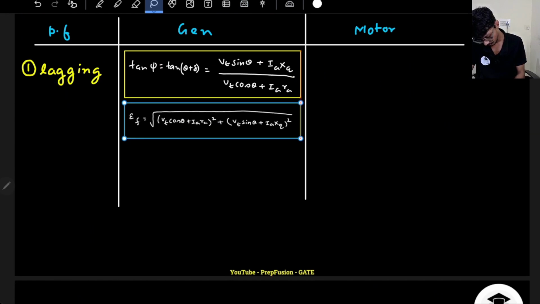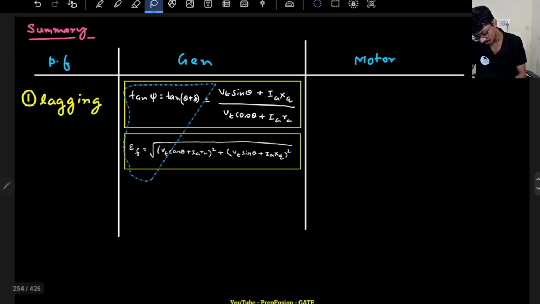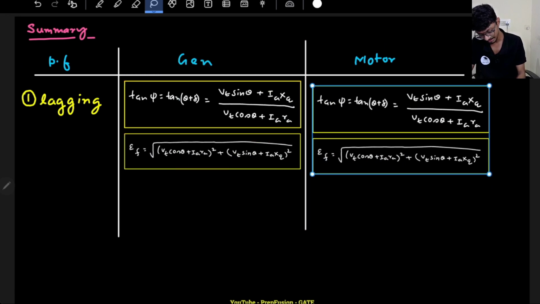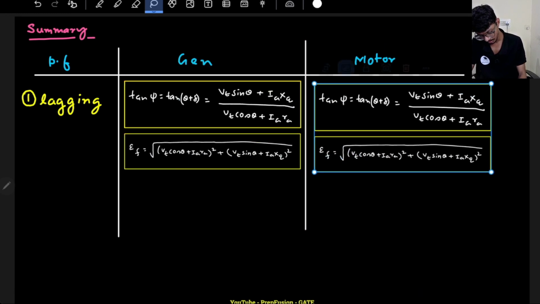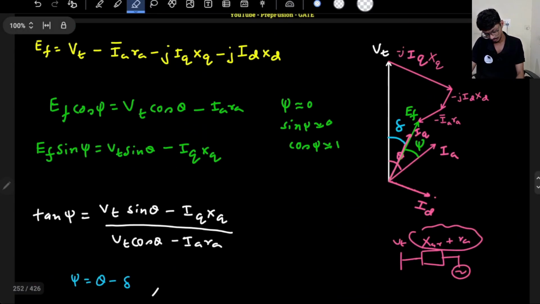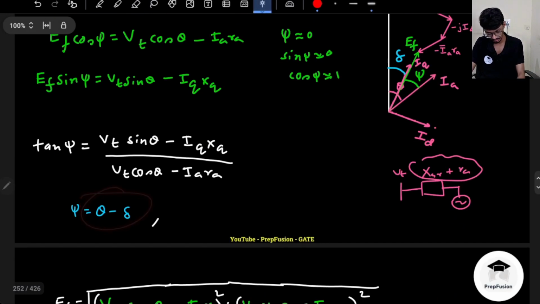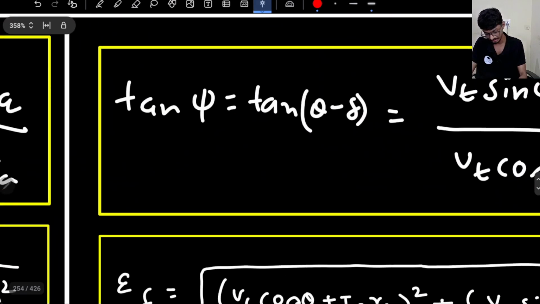Okay. For motor, what will happen? For motor, this will be the case of generator leading, and you will replace IA with minus IA. So for motor, this will become leading, so this will become minus of delta. If you see here, your xi is theta minus delta now, so theta also has become negative basically.